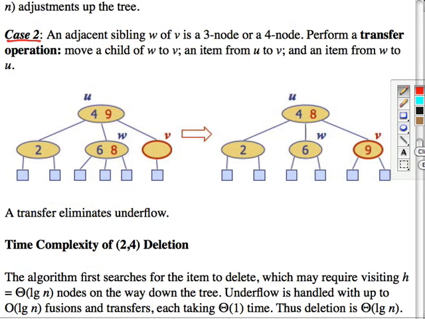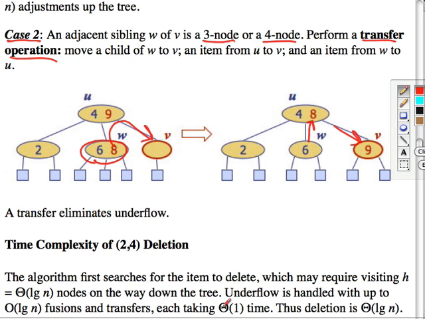So case 2, of course, is where a sibling is a 3 node or a 4 node, where it's got more than 1 key in it. And so rather than just merging, we can do what's called a transfer operation. We can keep the same number of nodes, but essentially we're going to rotate keys around like this. So the 8 is going to go up to there, and the 9 is going to go down to here.